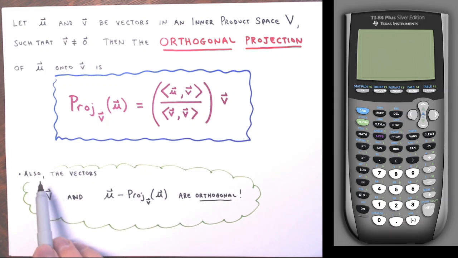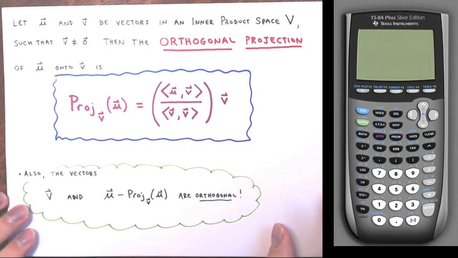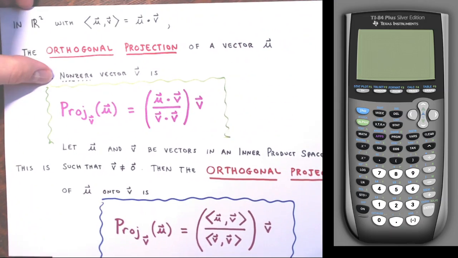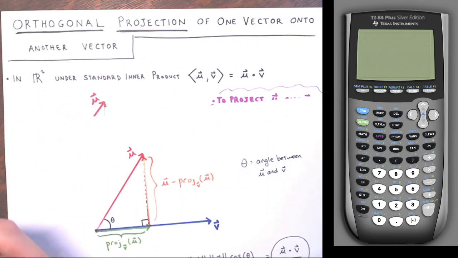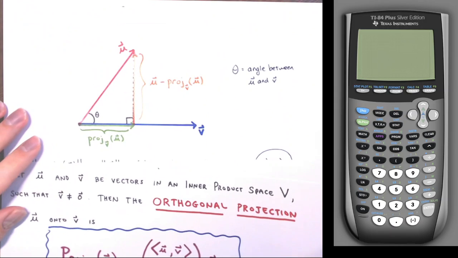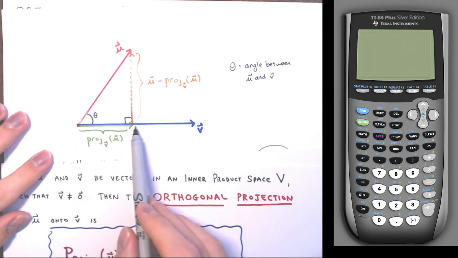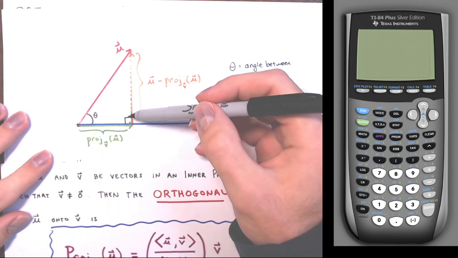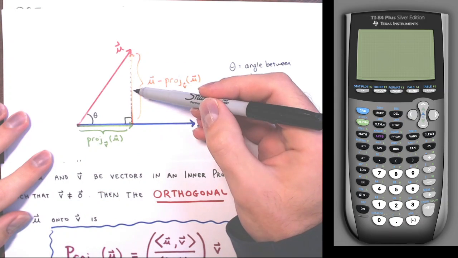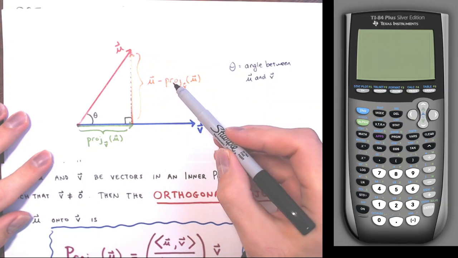Additionally, the vector v, the one you're projecting onto, and u minus the projection of u onto v will be orthogonal. And again, this is motivated by my earlier picture in R2. Remember this picture here. Here's vector v, and this vector I drew going up here was the vector u minus the projection of u onto v.